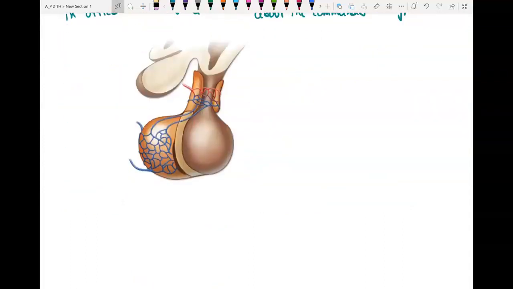So here's an up close of the pituitary. And the pituitary is divided into 2 parts. We have the anterior pituitary in the front. And you have the posterior pituitary in the back.